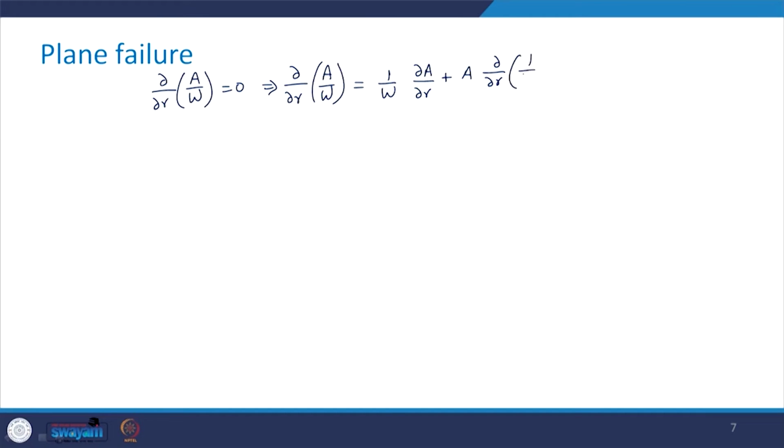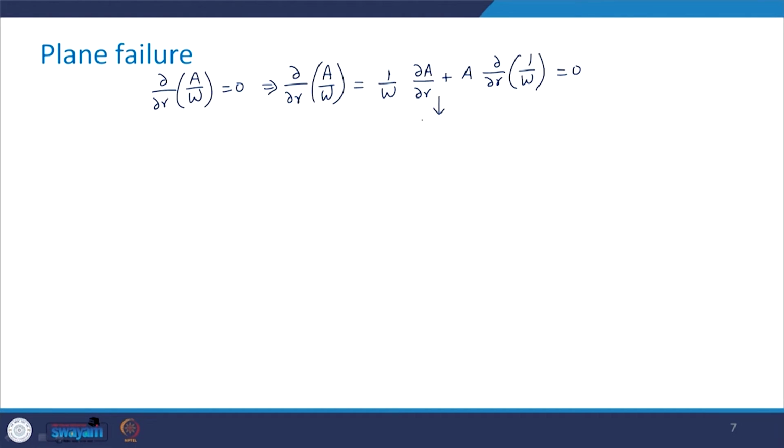So, what we have is del r of A upon W equal to 0, and what we can get from here is del r of A by W can be written as 1 upon W del A del r plus A del r of 1 upon W equal to 0.